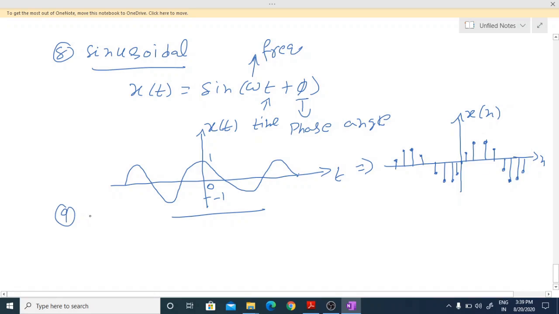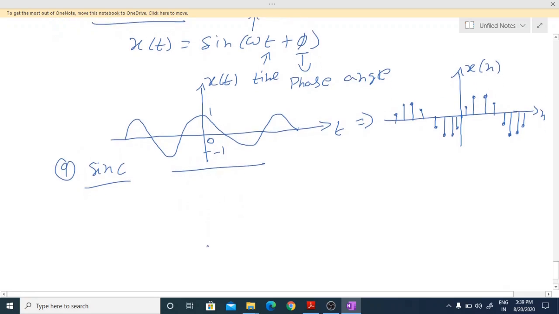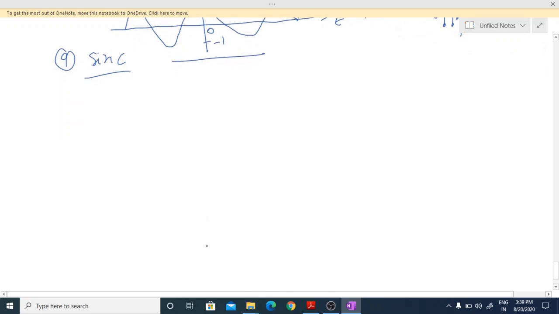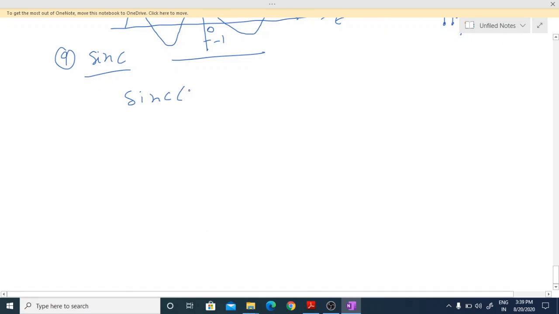The ninth one is the sinc signal. This signal is defined with sinc of t. The sinc of t is equal to sine t by t, for t varying between minus infinity to plus infinity.